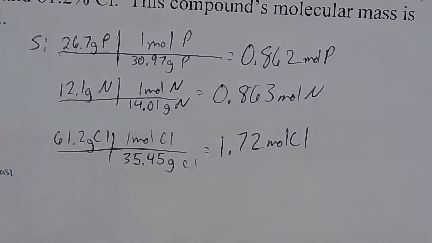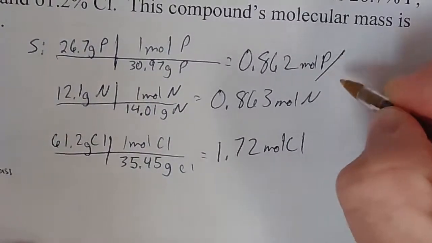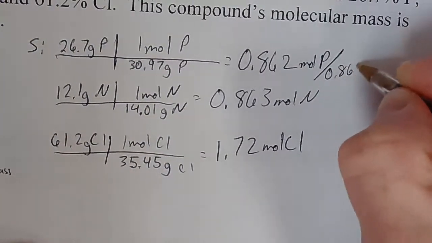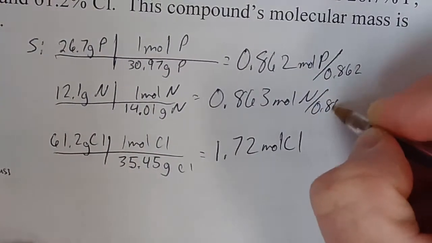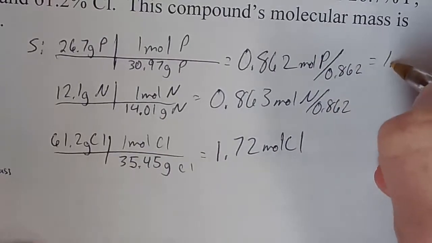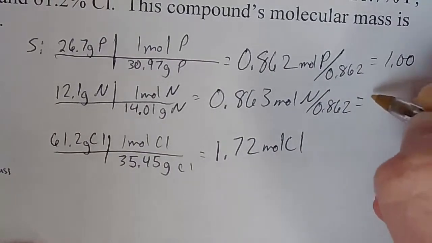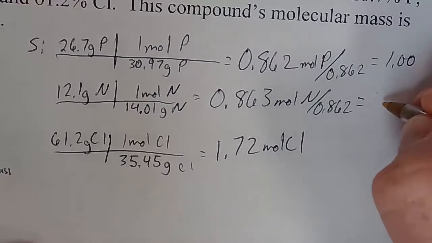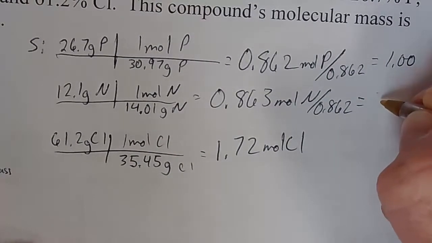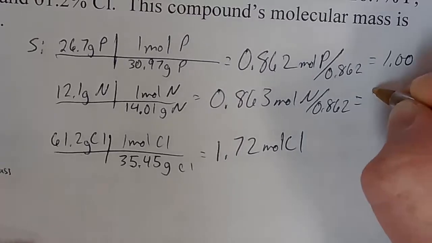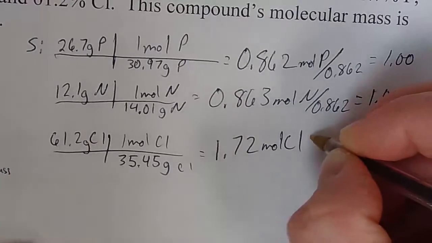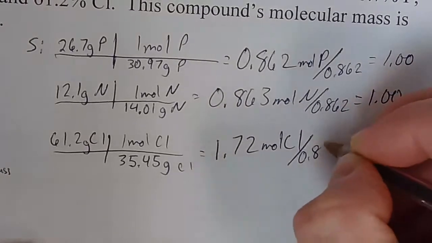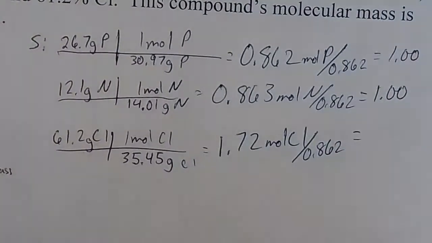All right, now that we've got our moles, what's the next step? Divide by the smallest. That one still comes out to 1.00, doesn't it? Somewhere around 2.